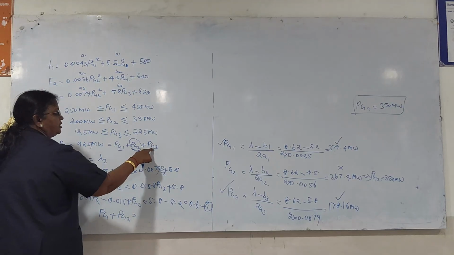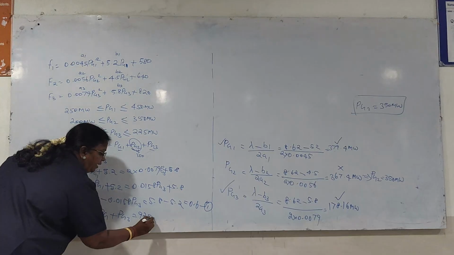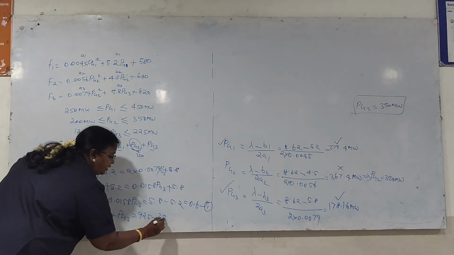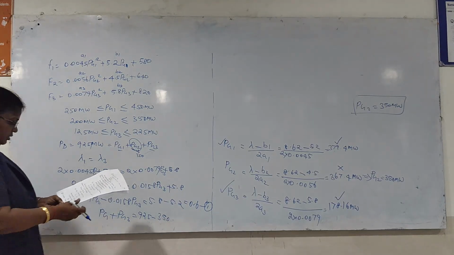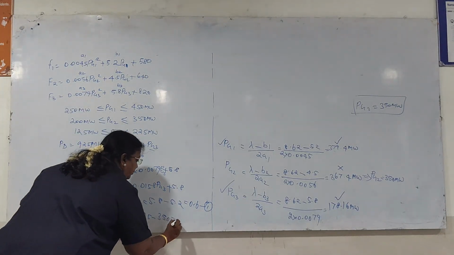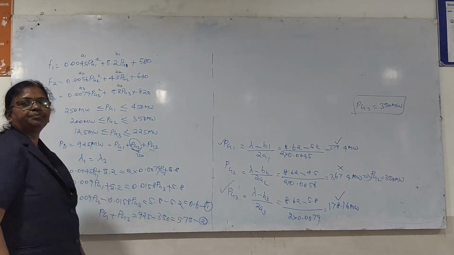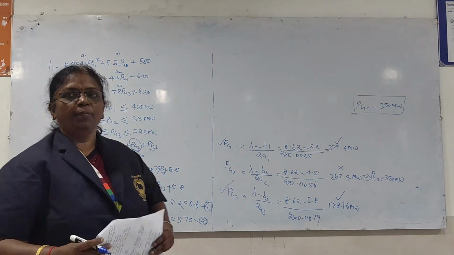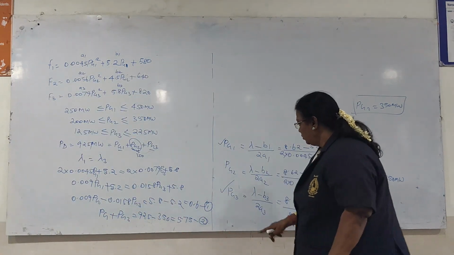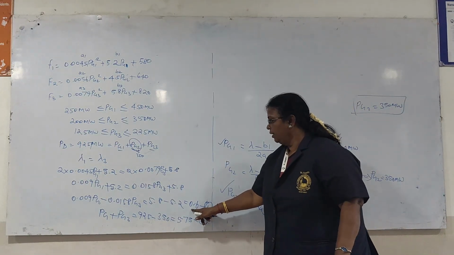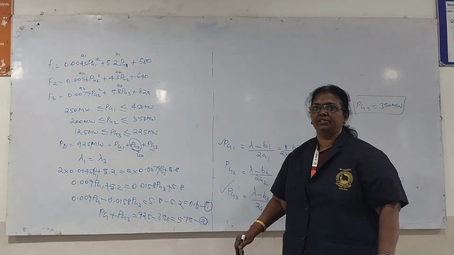So PG1 plus PG3 has to supply 925 minus 350. 925 minus 350 is 575. This is the second equation. Now you have two equations, 1 and 2. We have to solve these two equations.